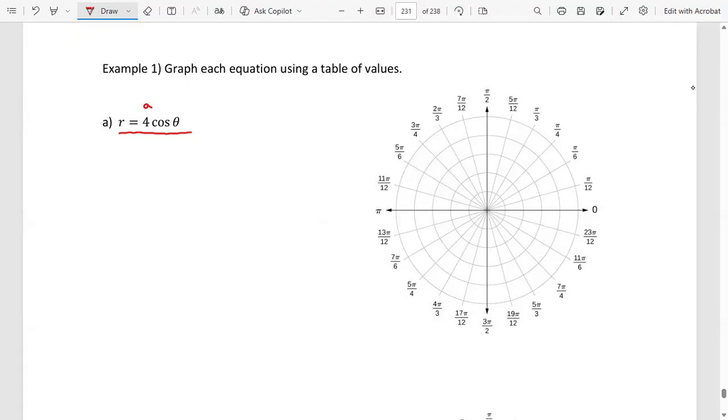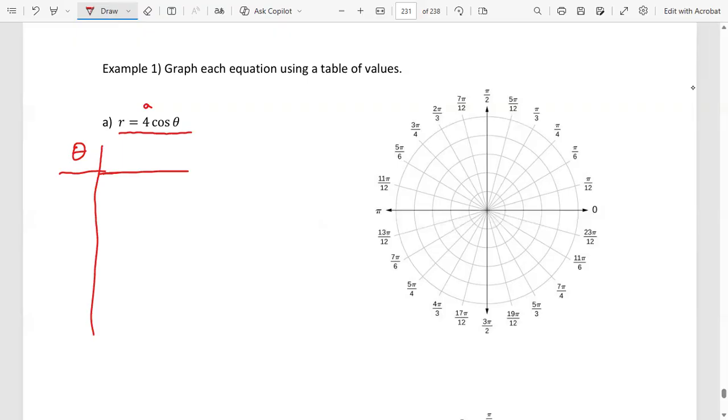So generally, I know that I have to graph a circle on the x-axis with the diameter of 4, but to have a better picture of my graph, I will create a table of values. That means we replace angles for theta.